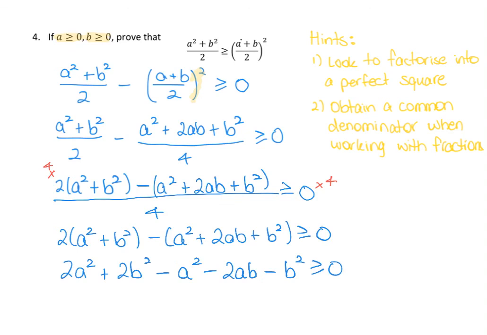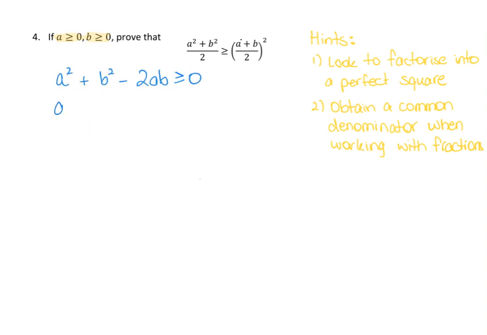Okay, so we can see that we have some like terms here that we can collect. So we've got 2a squared minus a squared gives us an a squared. We've got a 2b squared minus a b squared gives us a b squared. And then we've got a negative 2ab.